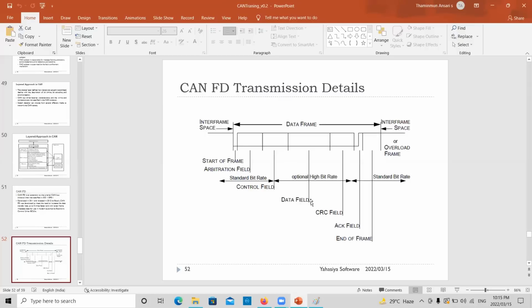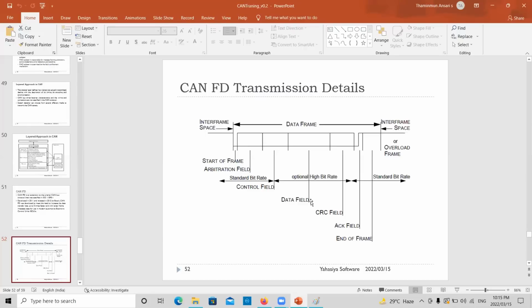Only when they transmit the data bits in a frame will they go to the other baud rate. For the rest of the bits, they will transmit at the standard baud rate. That's why, whenever you have a CAN FD product, a CAN FD ECU, you will configure 2 baud rates for that.